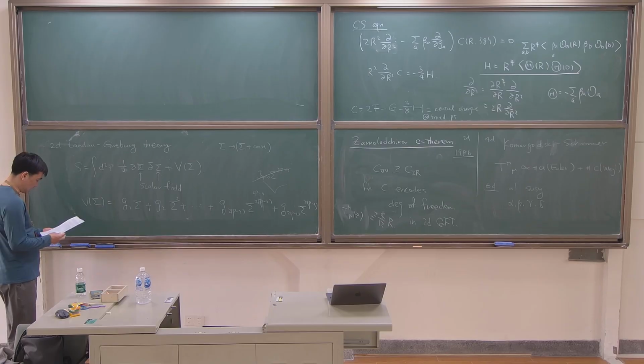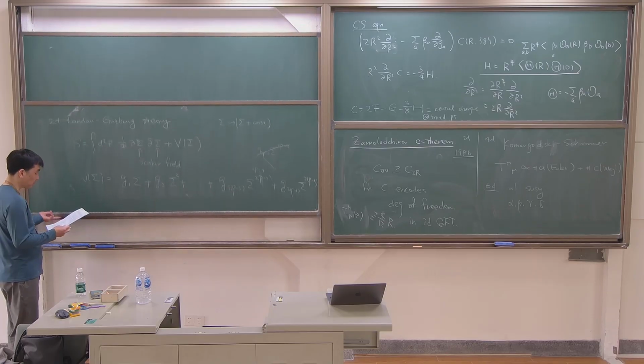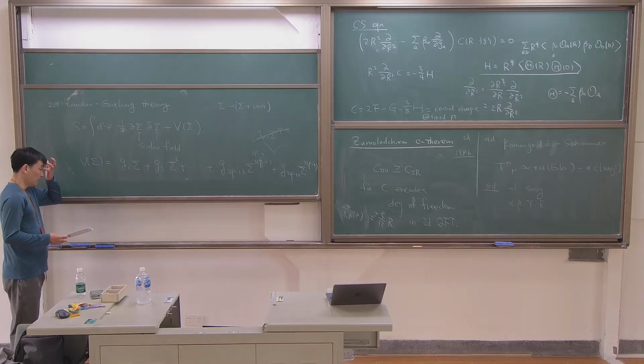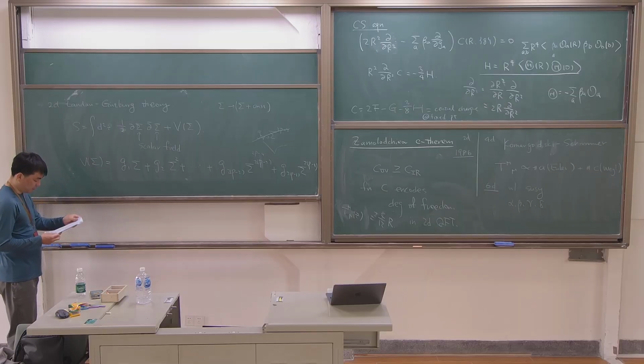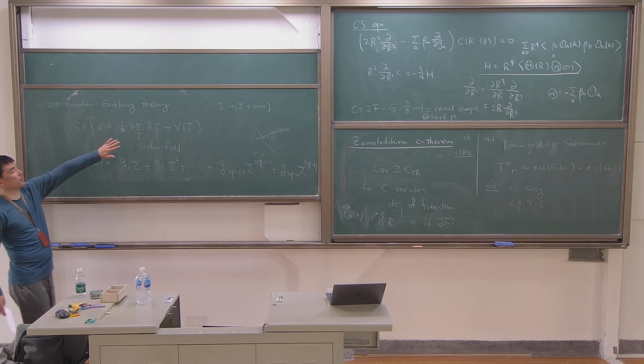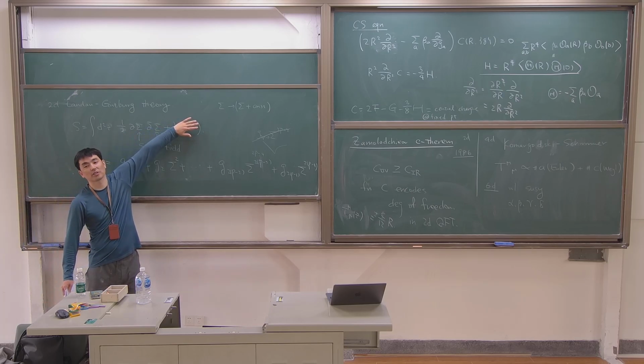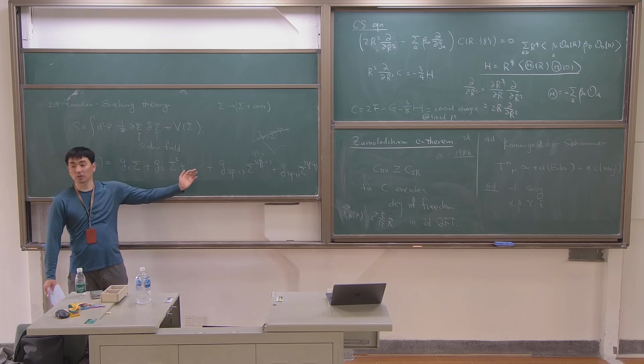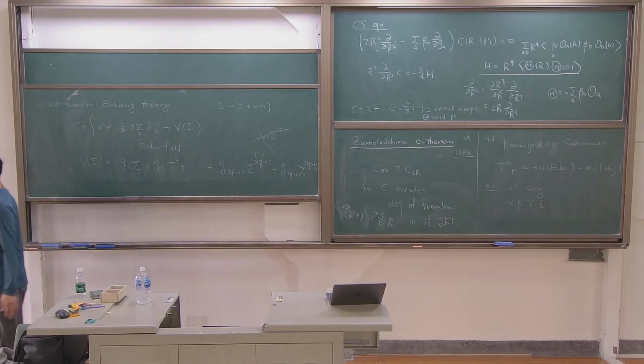And if you consider this theory, this theory is not a free theory, because free means there is no interaction. But here you have a potential, the interaction term. If you consider this as a classical action, you can consider quantum field theory with this action. Essentially, you just consider the path integral of this one.